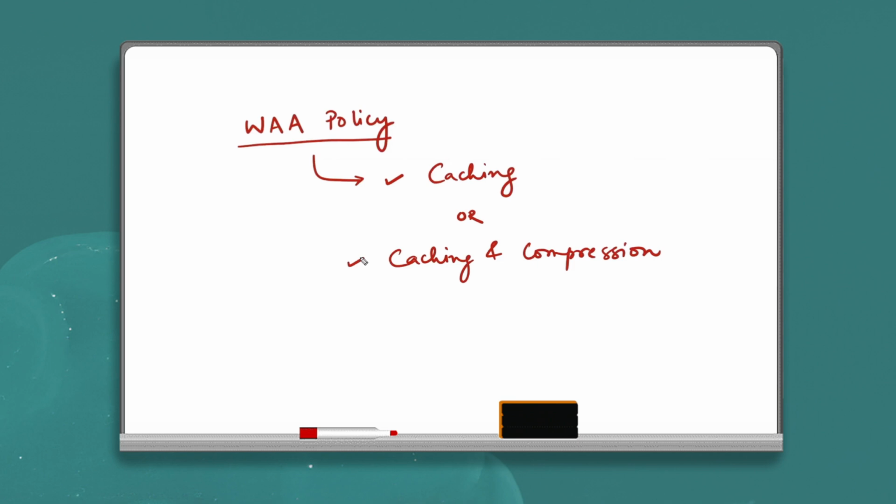So is creating a web application acceleration policy enough? The answer is no. After you create the policy, you also need to create a separate acceleration resource for the load balancer. So what it means is you have this policy, and in order to associate or bind it to a specific load balancer, you need to create an acceleration resource.